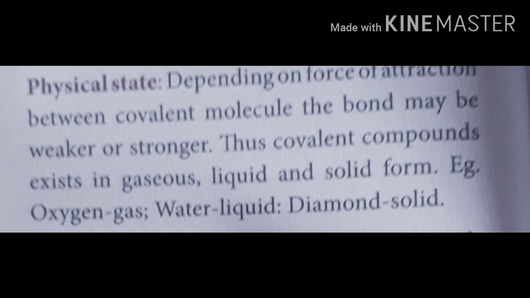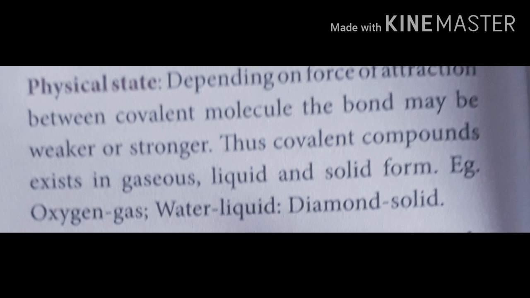Not all covalent bonds are stronger and not all are weaker. It depends upon the force of attraction between them, and covalent compounds exist in all three states: solid, liquid, gases.